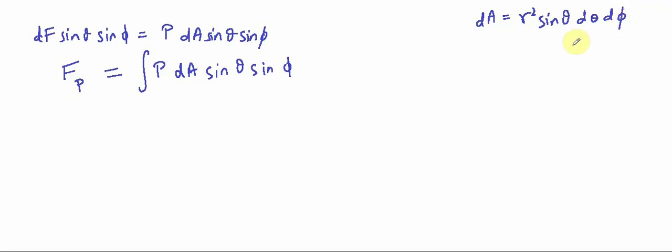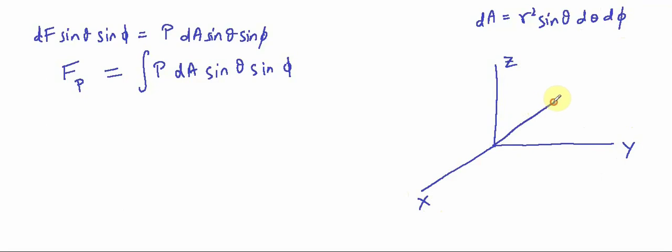And if you are not familiar, let me just quickly give you how this comes about. Consider that this is the three-dimensional system, x, y and z. This is our position vector r. It is a three-dimensional picture. This is r, magnitude is r.